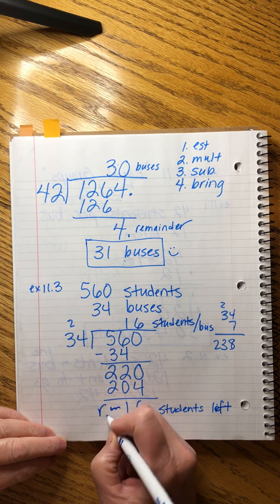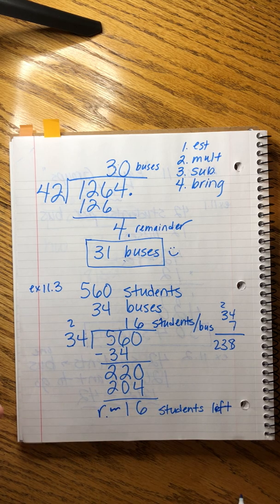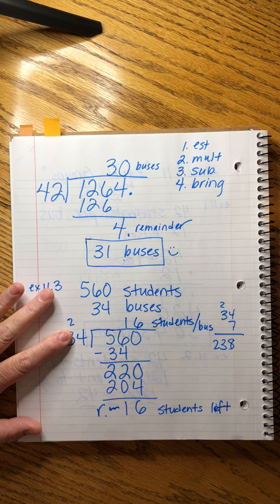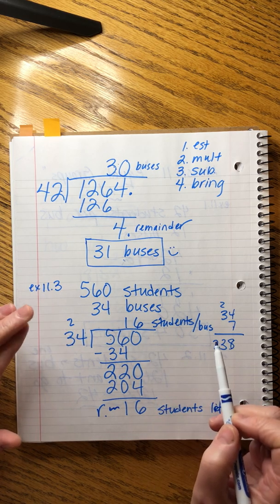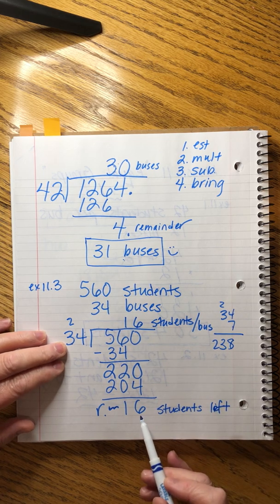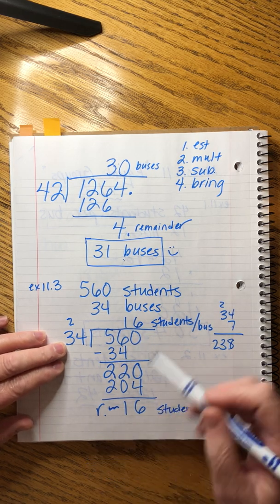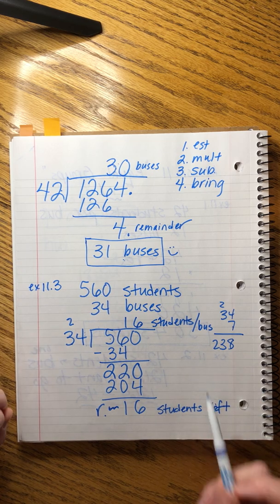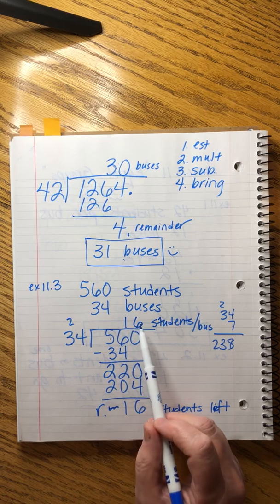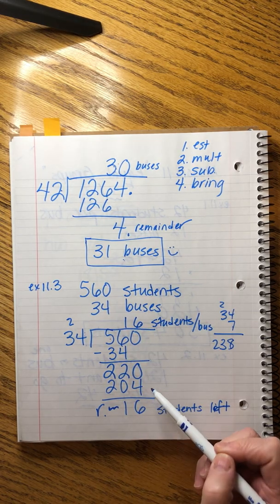This is remainder. So what we have to do is we have to imagine those 34 buses. Do you see them parked in the parking lot? We're gonna put 16 students on every bus. But then these 16 kids are gonna go one by one to add, we're gonna put one of them on each one of the buses till they're all used up.